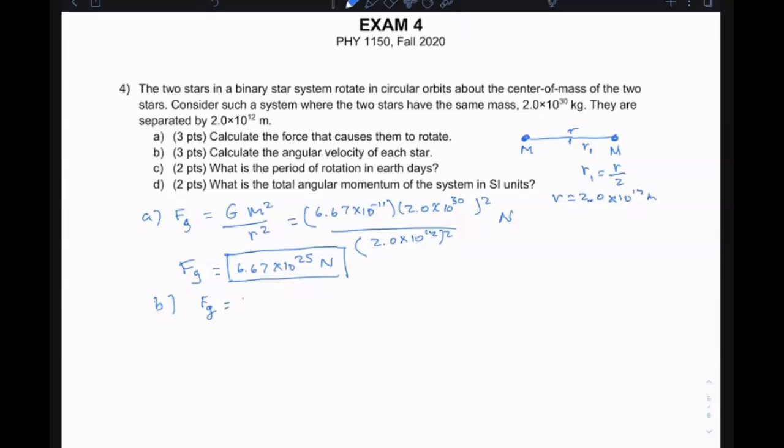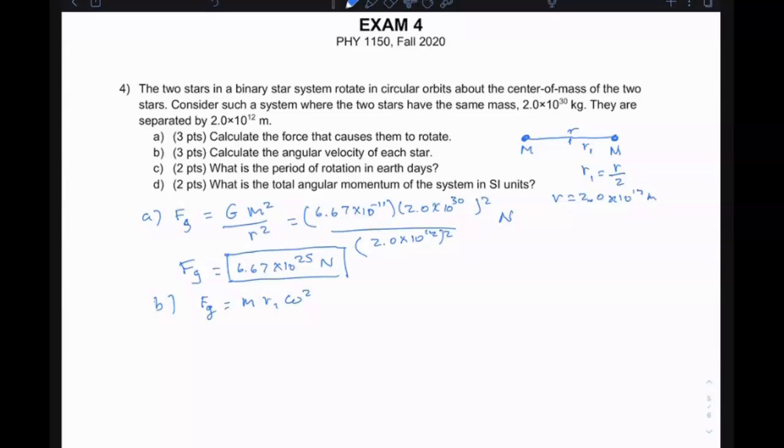And this causes the mass to have a centripetal acceleration equal to v squared over r1, or equal to r1 times omega squared.